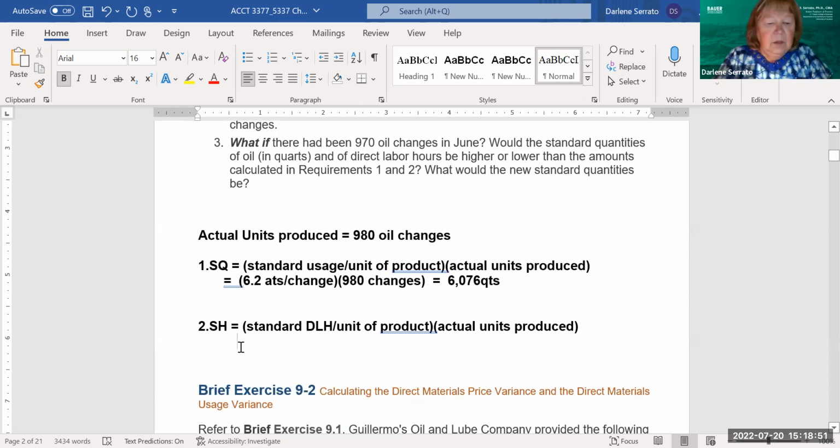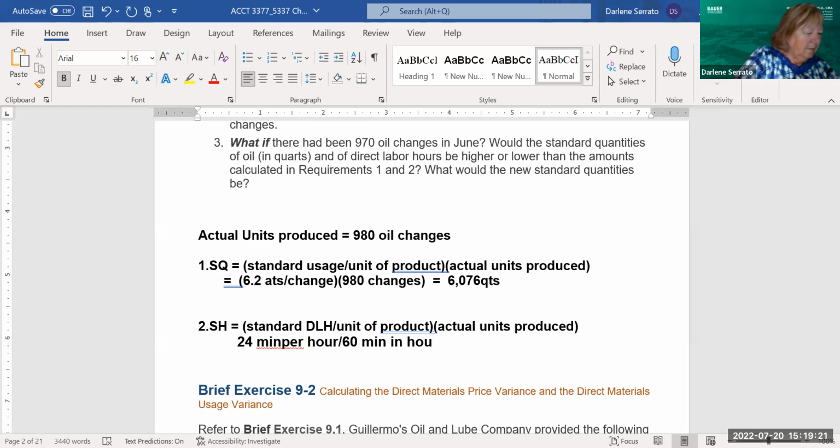So 24 minutes divided by 60 minutes in an hour. And that's going to give me 0.4 hours.